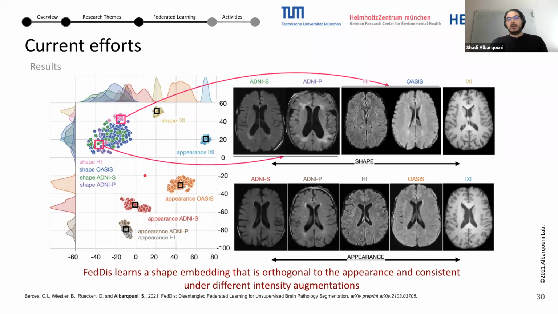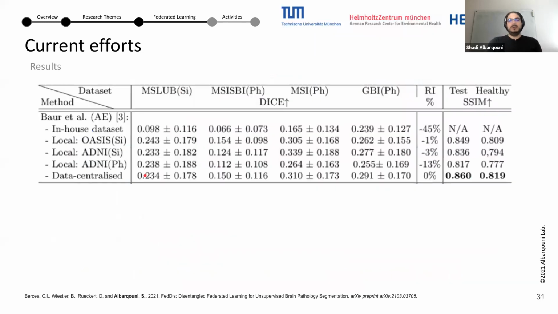This was also reflected in the quantitative results. For example, what you see here is the dice coefficient of the autoencoders trained locally within the hospitals, and on a data lake where we bring all these databases in a central place and train an autoencoder on it.